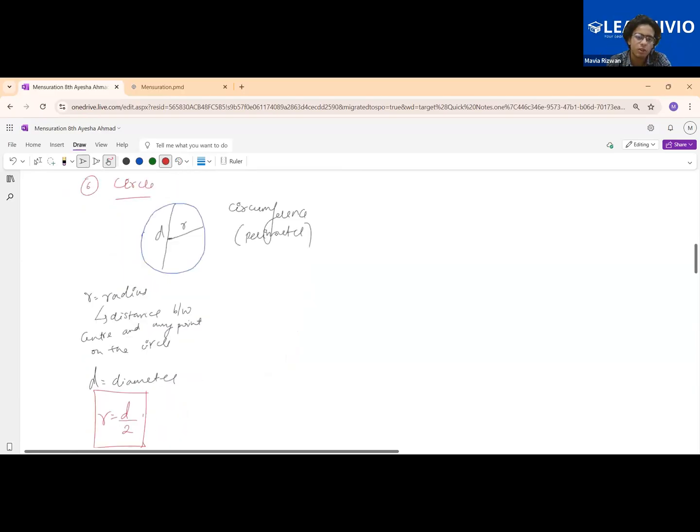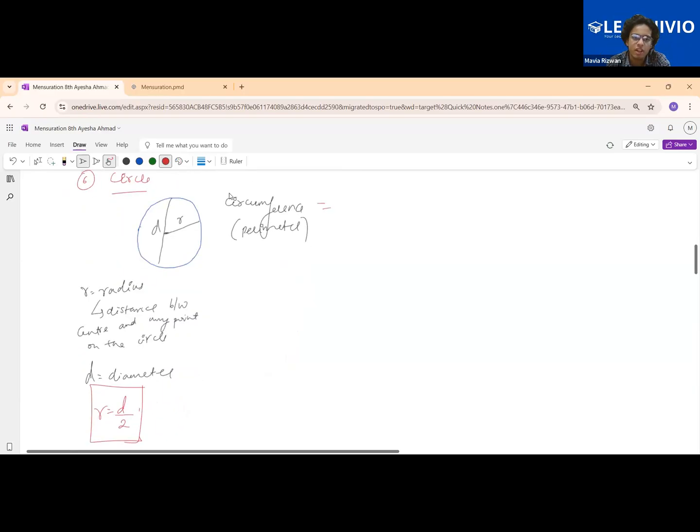Now talking about circle, the circumference formula for circle is given by 2 pi R. What is this pi? Aisha, pi is a constant which has value 3.14 or 22/7.